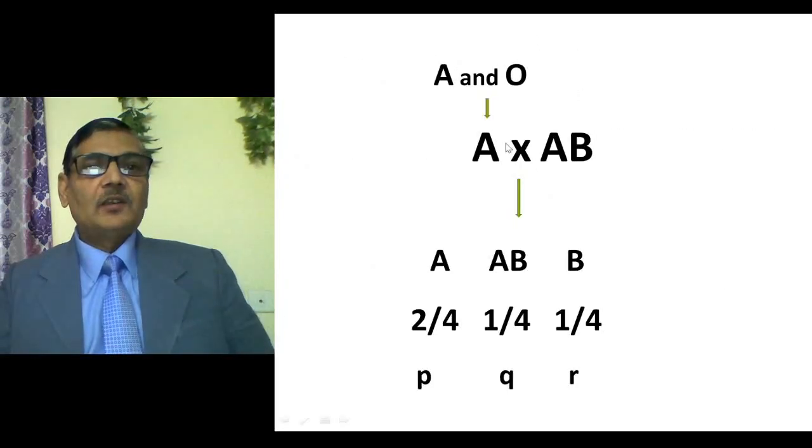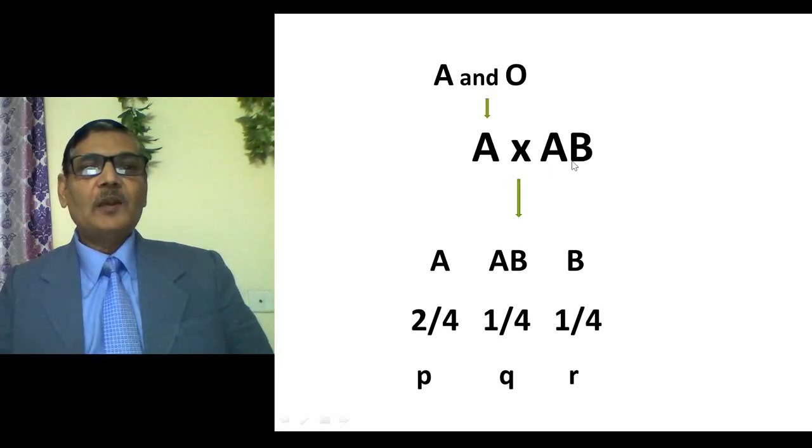We know that the man is of blood group A. That fellow is married to a woman of blood group AB, but his parents were of blood group A and O. This clearly indicates that this man is heterozygous, that is, of genotype IAIO.